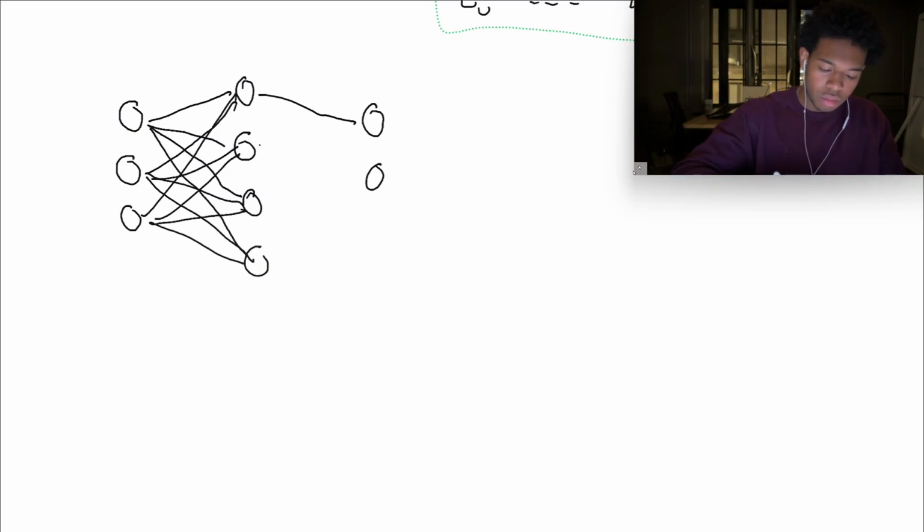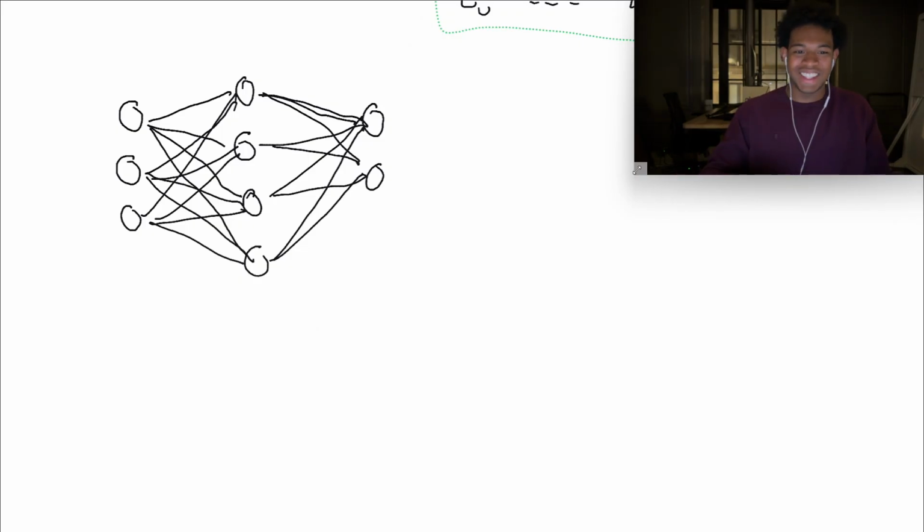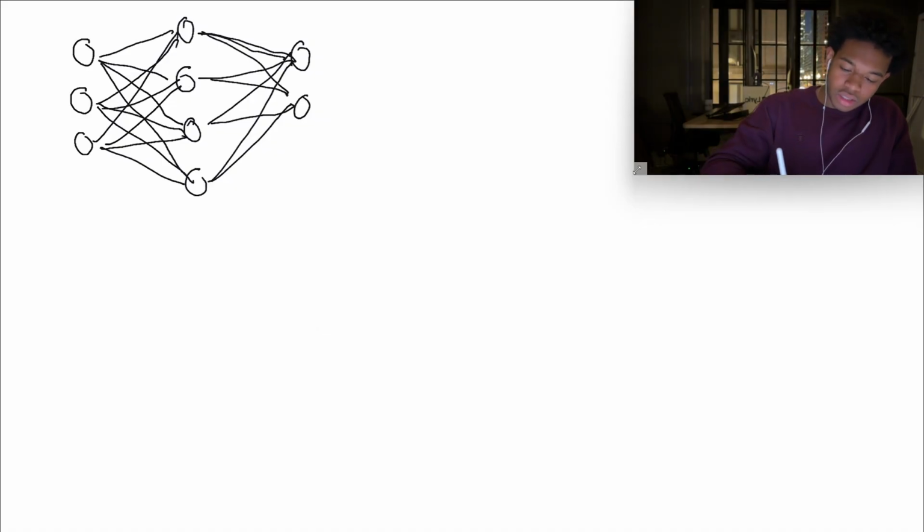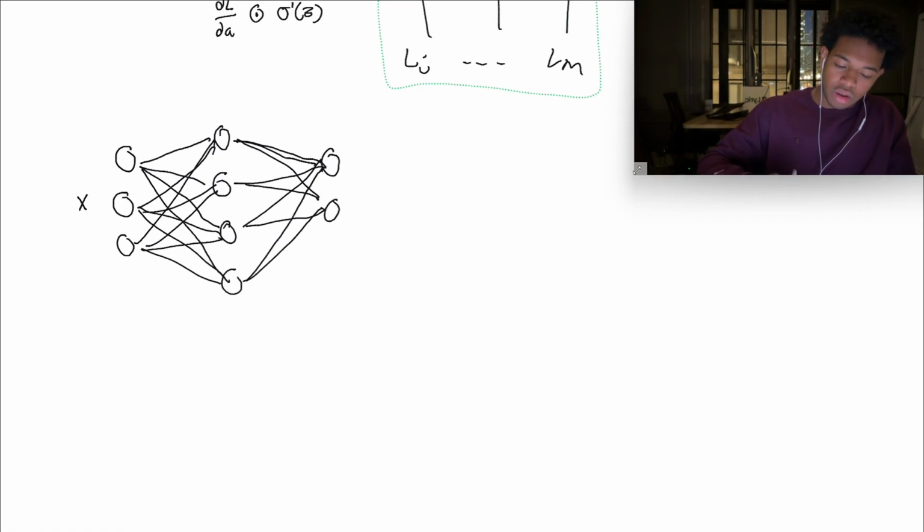Yeah, guys, we're working with neural networks today. What am I missing? Sure. That's our neural network. This is X. Oh, I've forgotten to draw. Is that how we would do it?